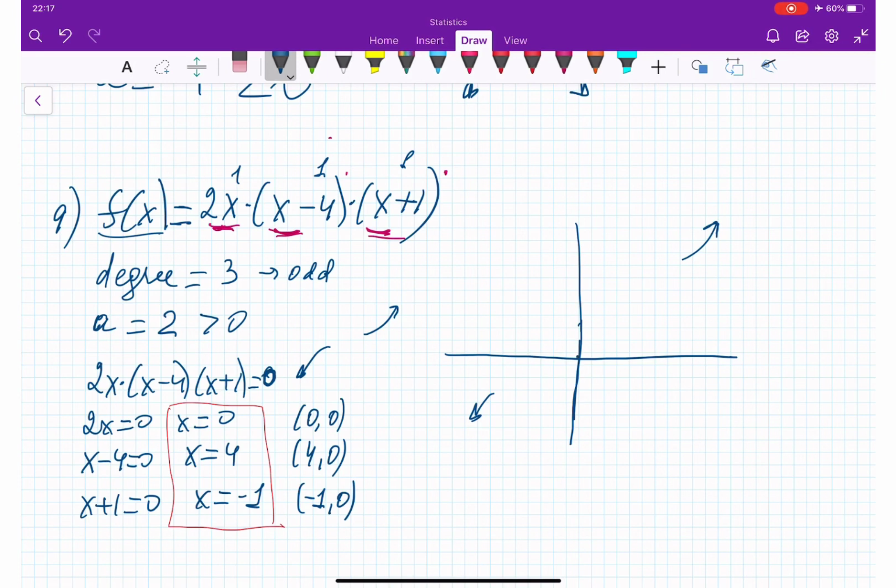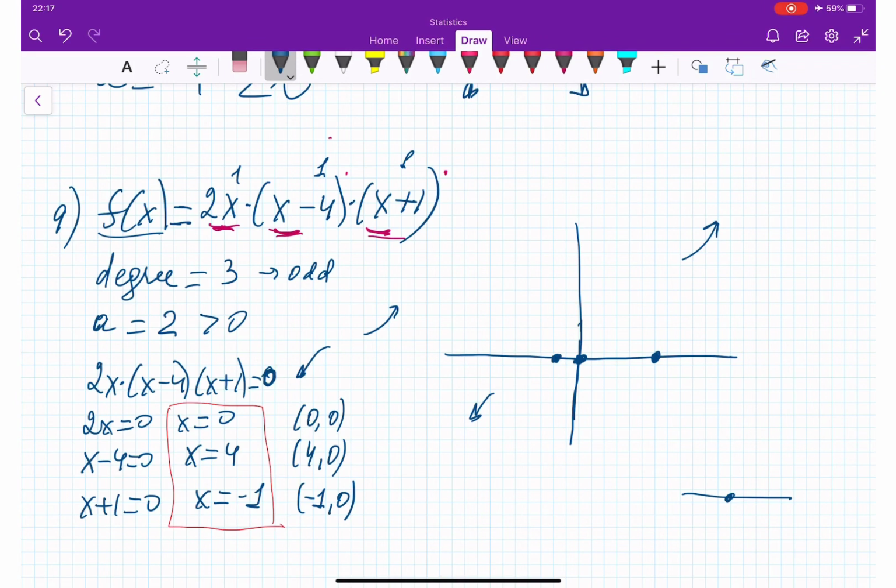Okay, it's gonna cross here at 0. Let's say this is your positive 4, 0, and negative 1 will be somewhere here. Those are going to be our x-intercepts. Now let's understand how it's gonna work at each point.